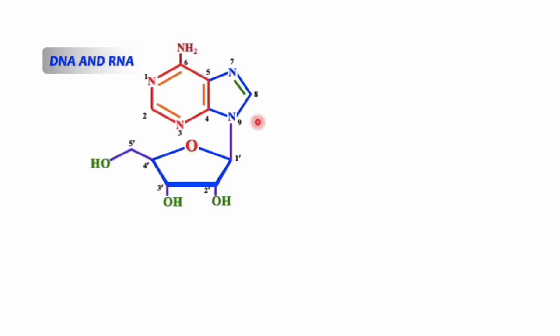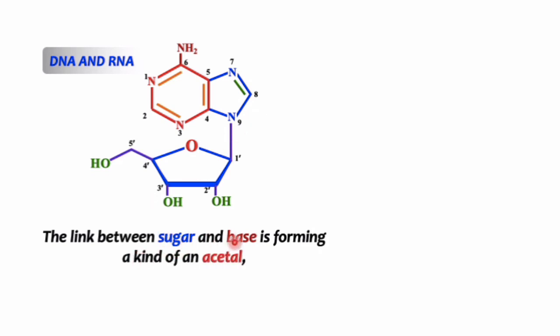Okay, so in case of DNA, if you observe, what we have learned is that the linkage between the sugar and the base formed is like an acetal form. Observe carefully here now, this carbon, oxygen, and there is no OH group here, right? If it was OH, it would have been a hemiacetal, but instead of OH, it is connected with this nitrogen.